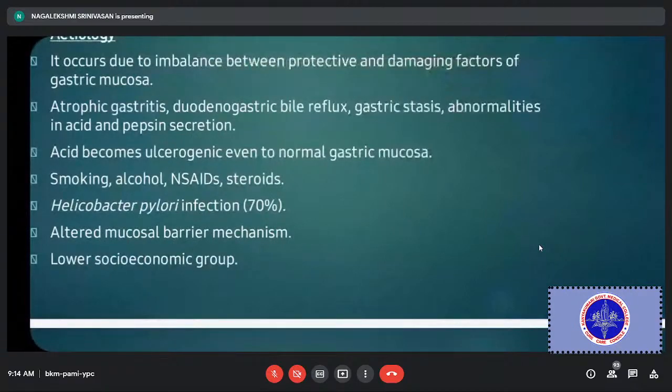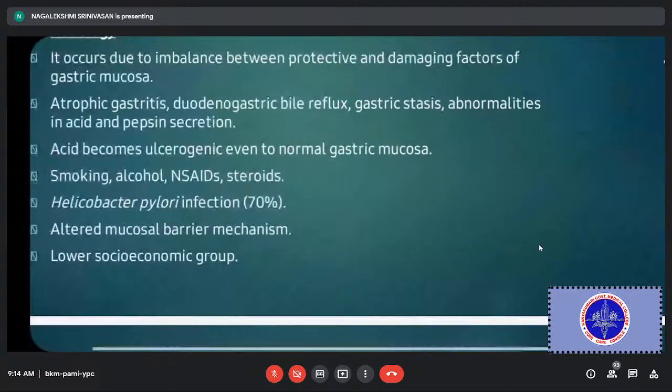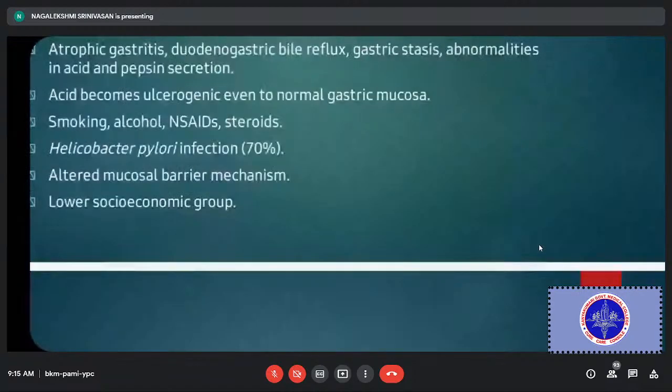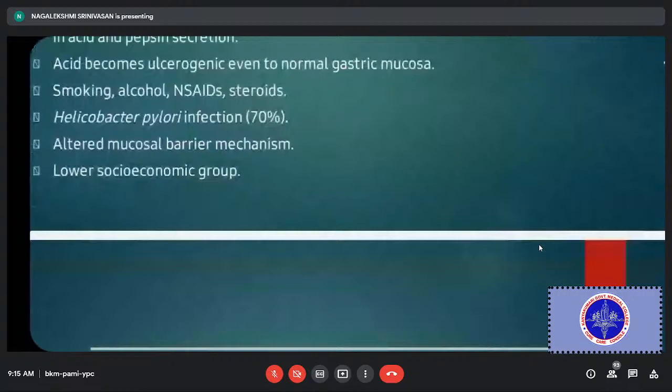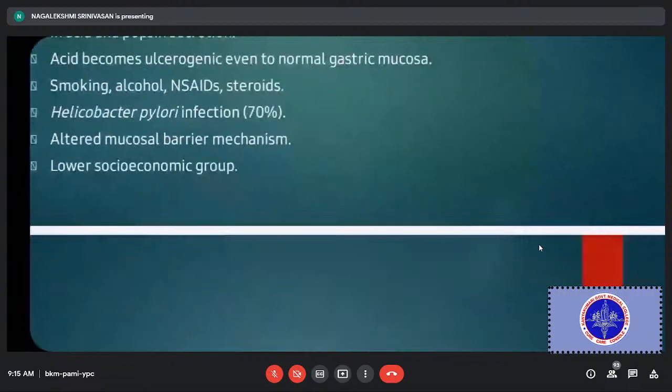Whenever this bacteria in the old cooked food, they used to have that with the kanji, they will sell kanji along with the melaha. So pachimalaha they will take, and because of these two, that will cause injury to the already disturbed mucosal barrier. So that is the commonest cause. When you go for CA stomach, in the predisposing factors, we used to discuss that this plays the major role, and that too because of the old cooked food.